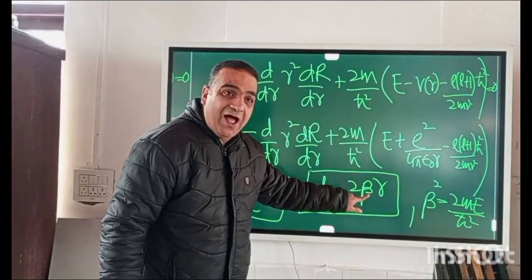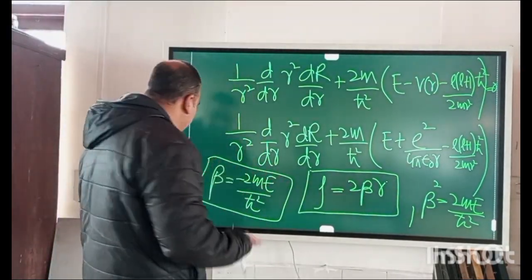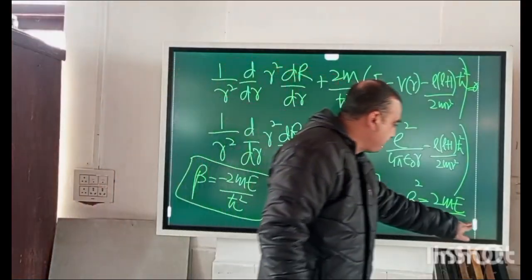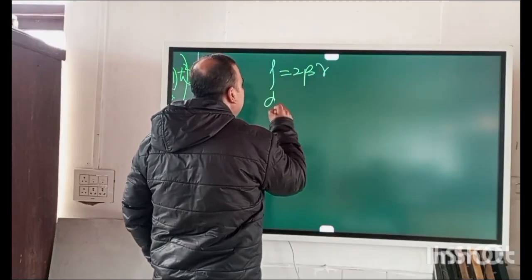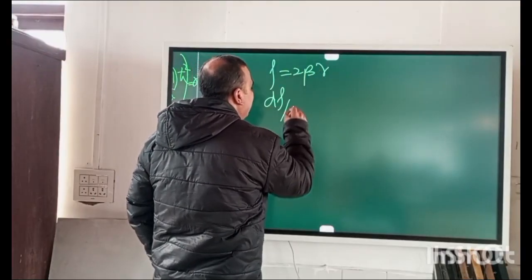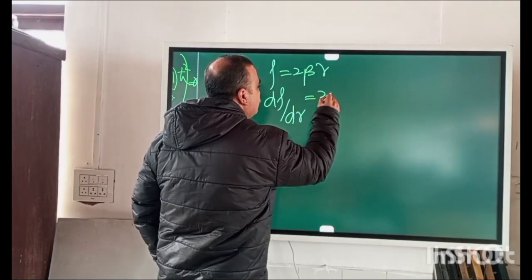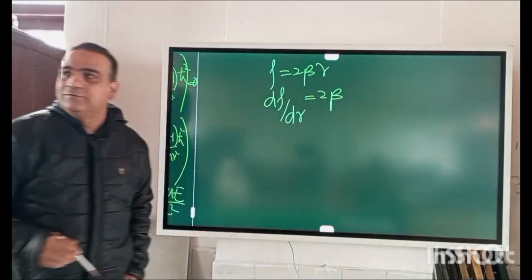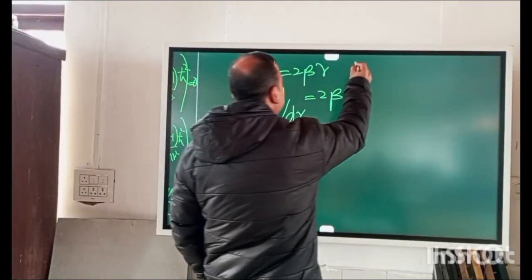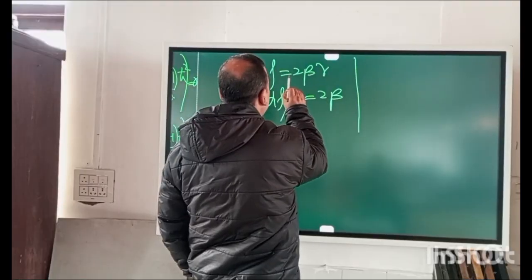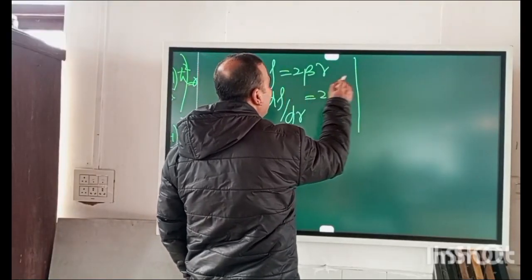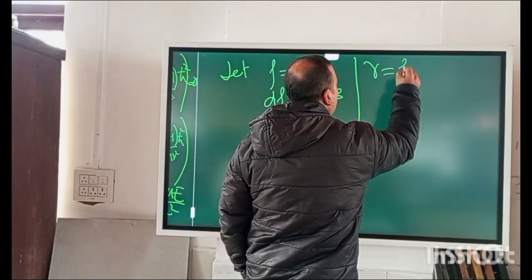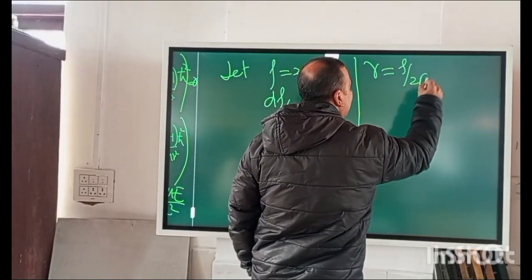Okay, so now rho is 2 beta r. Now let's go with it in a very conclusive manner. So I have taken rho equal to 2 beta r. d rho by dr will be simply 2 beta. Right? Or, at the same time, if I have chosen rho as 2 beta r, that means r is rho by 2 beta.